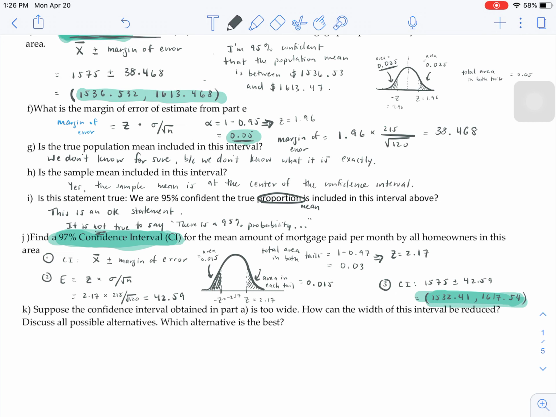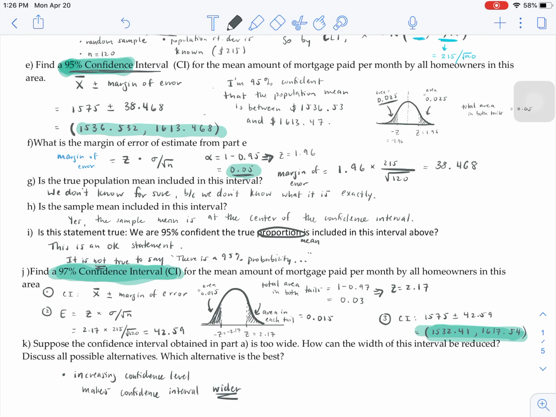So what we notice is increasing our confidence level from 95% to 97% made our confidence interval wider. And that's a general rule. The more confident we are, the wider our confidence interval is.